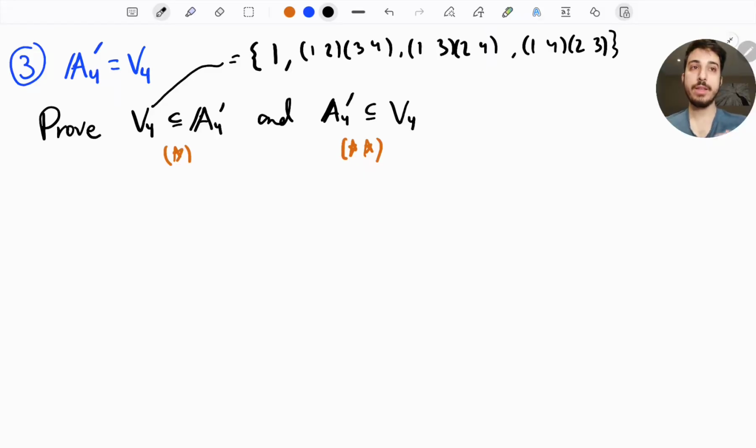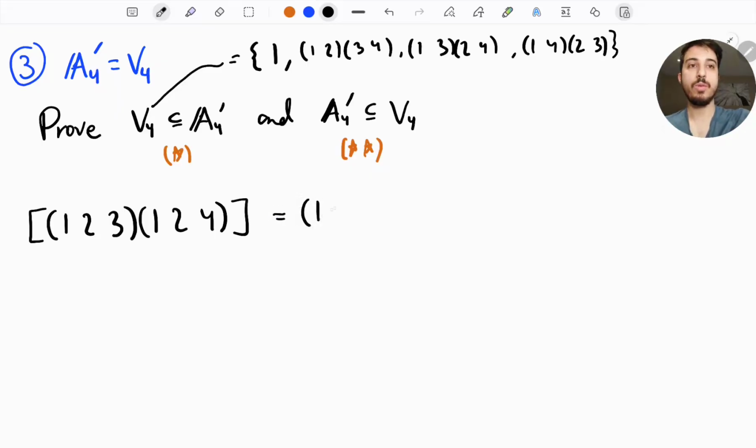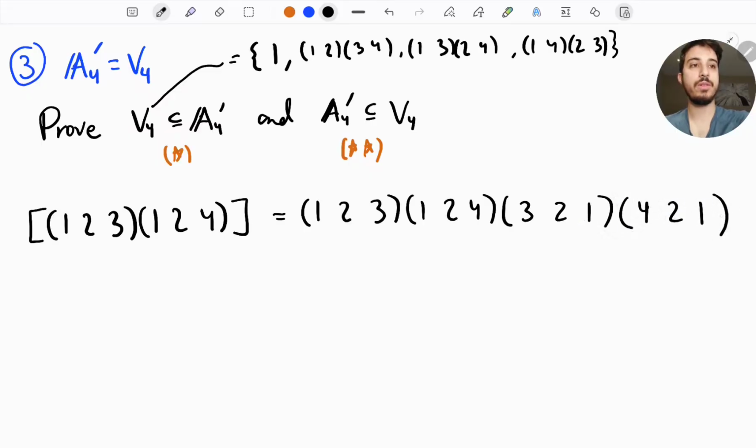We would like all of these elements to be written as the commutator of some product of 3-cycles, because we know that A4 is generated by 3-cycles. So we take (1 2 3) and (1 2 4). The commutator of these 3-cycles is equal to (1 2 3) times (1 2 4) times the inverse of (1 2 3) times the inverse of (1 2 4).